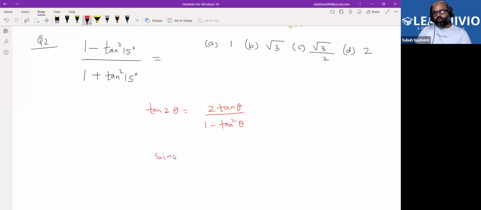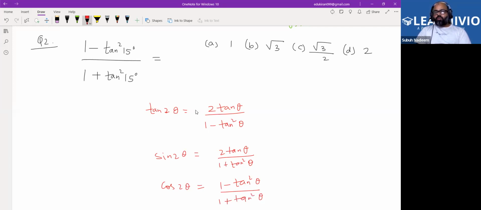What is sine 2 theta? 2 tan theta upon 1 plus tan square theta. What is cos 2 theta? 1 minus tan square theta by 1 plus tan square theta. Can you see any of these formulas being applied there from this list?